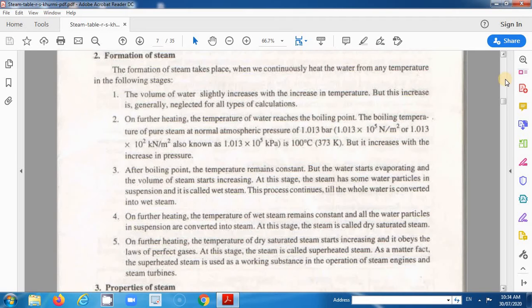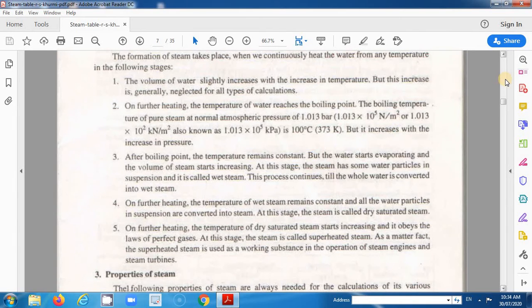This is important: the boiling point of water increases with increase in pressure. This 100 degrees centigrade boiling point of water is at the given atmospheric pressure of 1.013 bar, and it is expressed in different units as shown here.